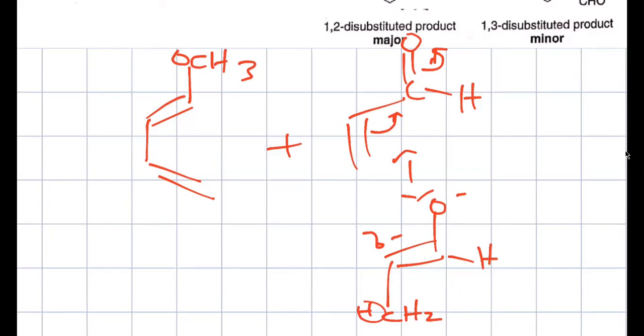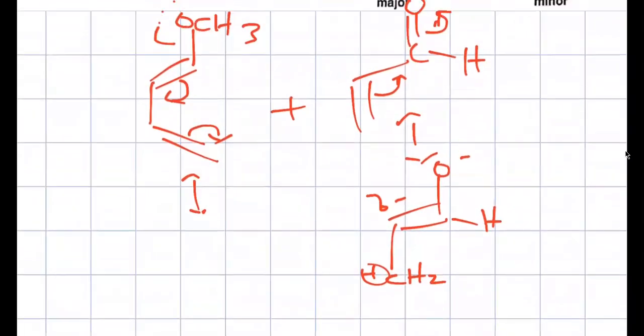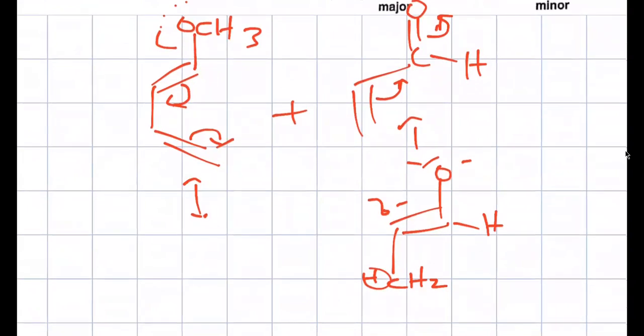So if I were to do resonance for here, boom. Let me do this. Boom, and then boom. So let's do that, draw that resonance form. Yeah, see it now.